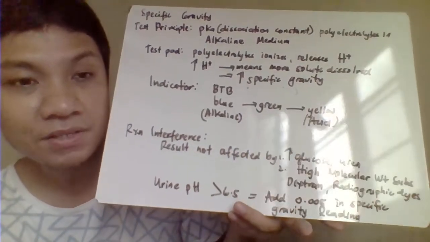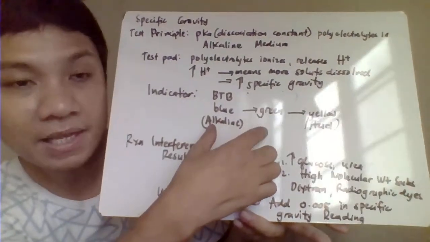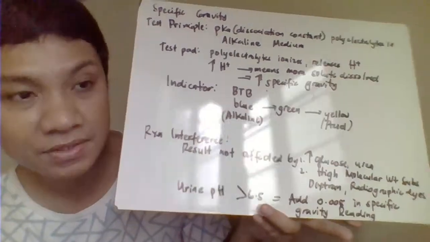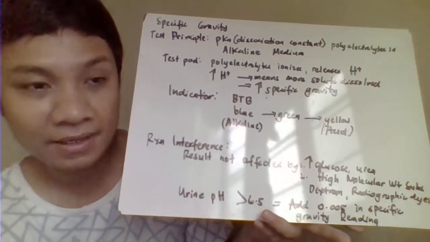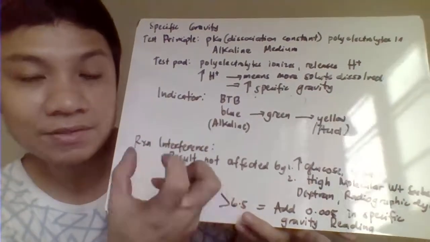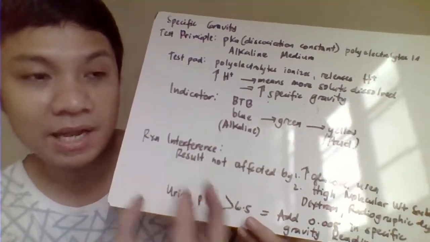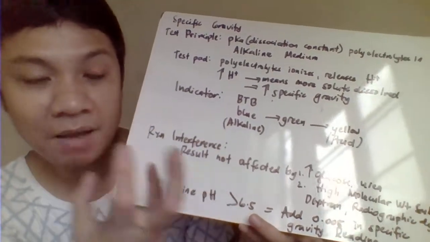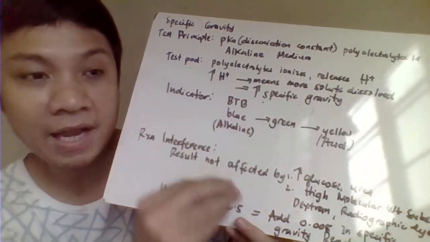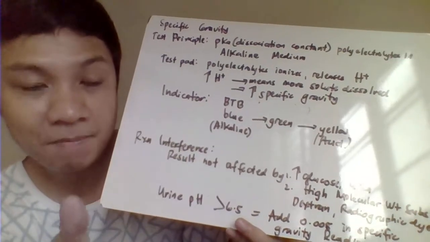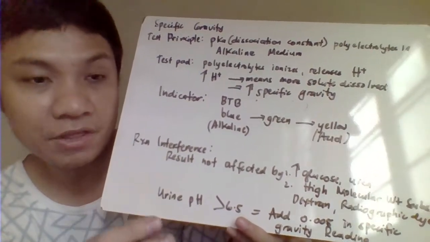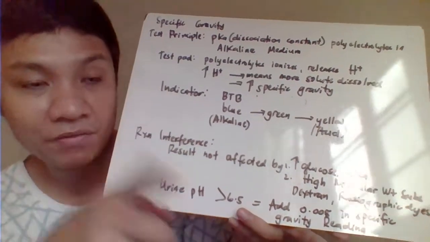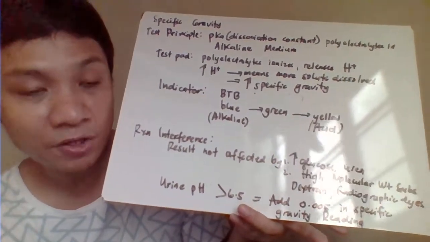So therefore, hindi siya mag-change dito. Because ang indicator natin mag-change siya, ang color nito pag na-change din ang pH natin. Okay, so like, madami ka nang na-dissolve na solute, pero ang pH ng urine natin is alkaline. So normally dapat, pag madami kang solute, madami kang hydrogen ion ang ma-release, di ba? That would change the color of the indicator here from alkaline, magiging acidic siya because of high level of the release of your hydrogen ion.